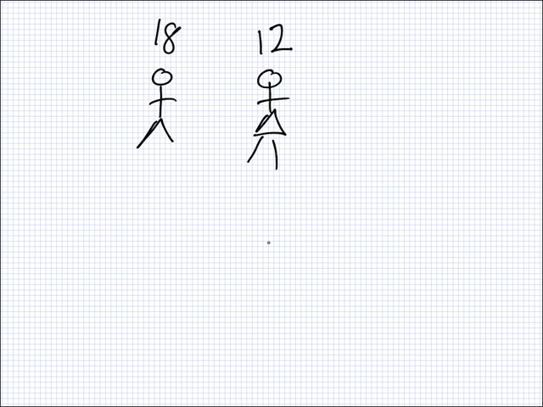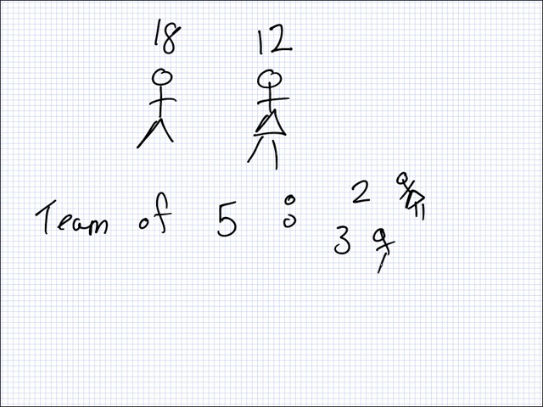Same deal again. I want to make a team of 5. However, let's say because of some equality law, the team must have 2 females and 3 males on it. Okay. So, how many ways is this possible now?